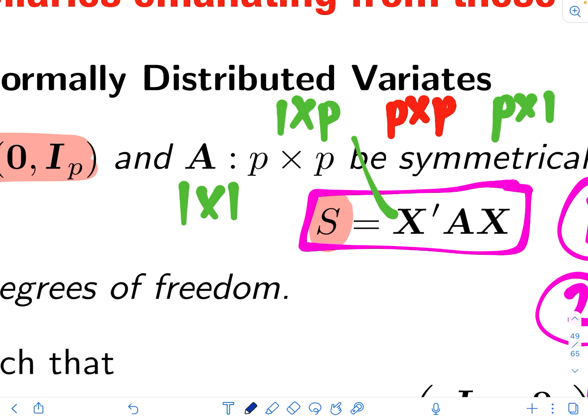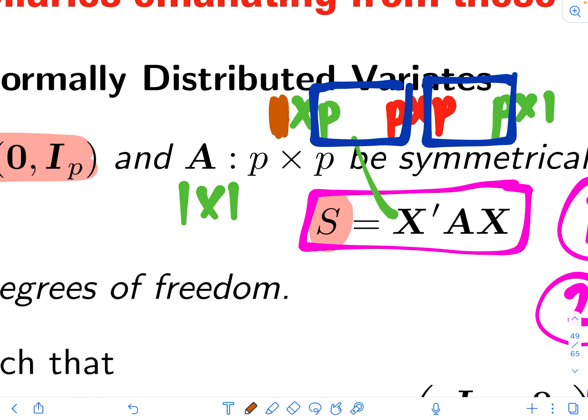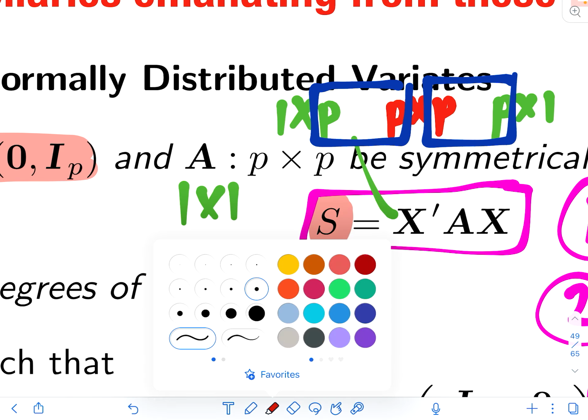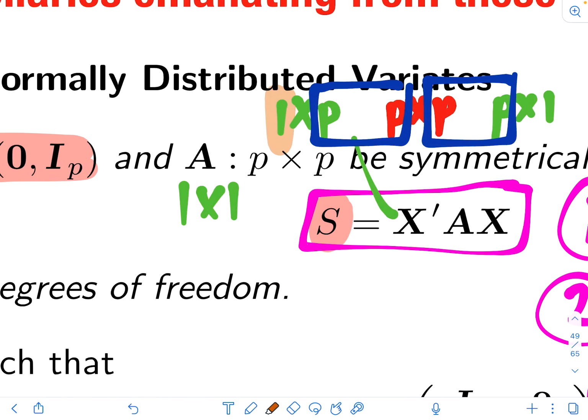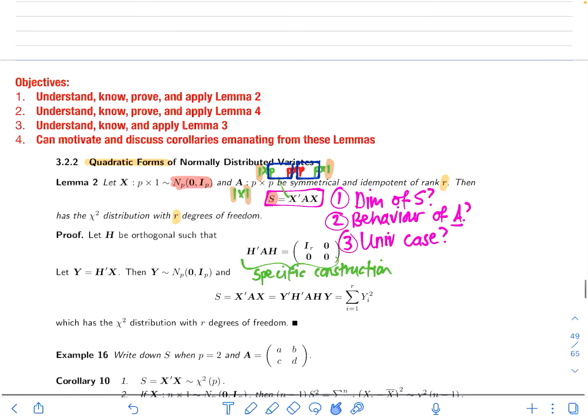So, of course, the inner dimensions have to correspond, and the outer edges will be what we are left with. There's a 1, there's a 1. And this is where this 1 by 1 comes from. So immediately we can confirm that S is indeed a scalar.